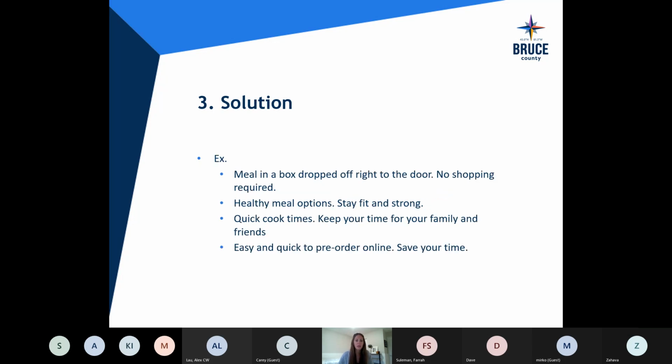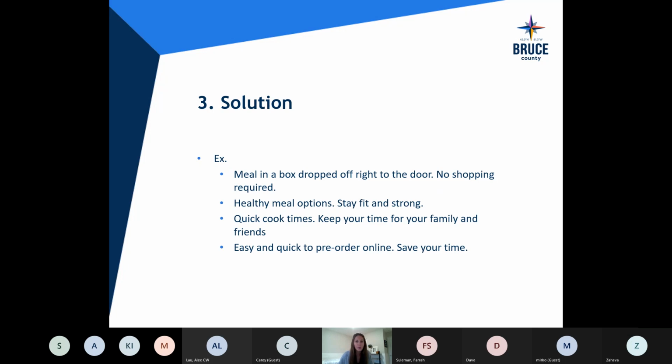What we're looking at here is that I've identified some of the problems, and for each of those problems, I'm saying here's a solution. People, it's all about time, right? It's all about that shopping and cooking time. Well, the meal is dropped off right at the front door. People don't have to go to the grocery store anymore. They're healthy and active and they want to stay fit and strong.